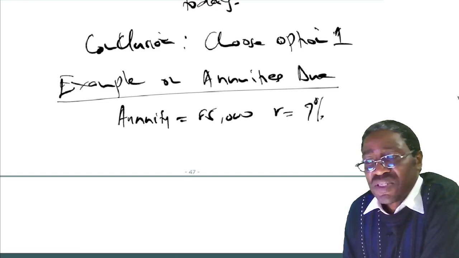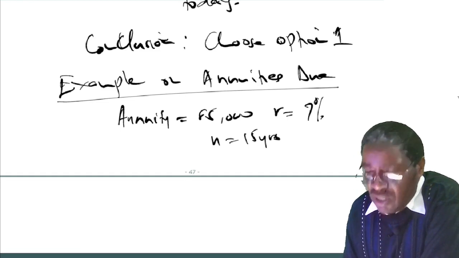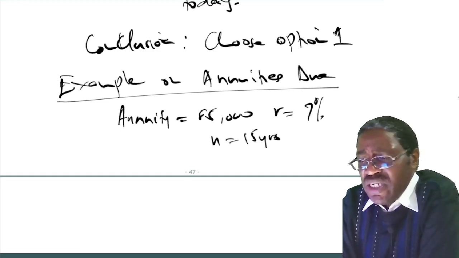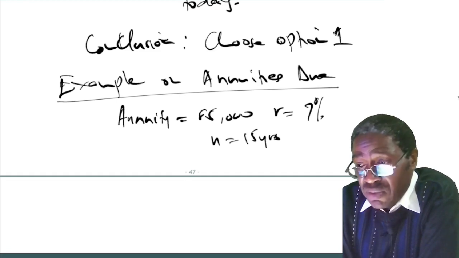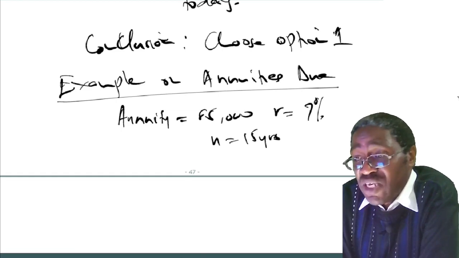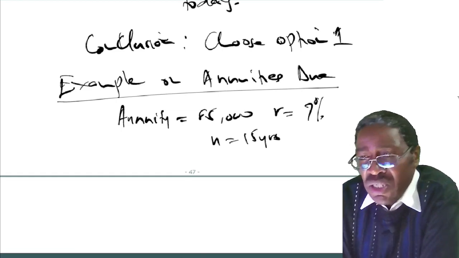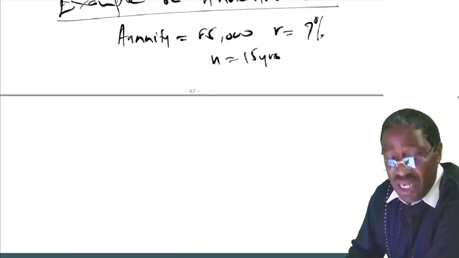Our N is 15 years. But the issue here is that the first one will be received today, which means you are receiving it at the beginning. So it's an annuity due. That means it comes at the beginning.